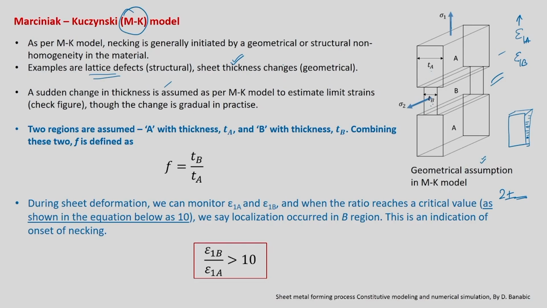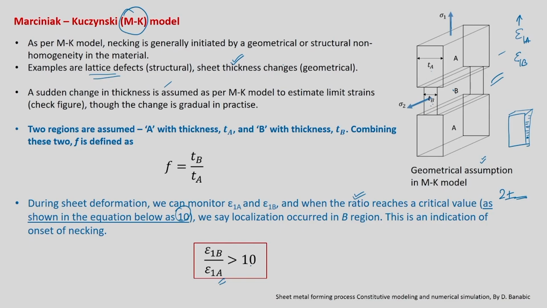Okay, so now we are going to say that when this particular ratio reaches a critical value, for example 10, I am writing epsilon 1B divided by epsilon 1A is greater than 10. Then I am going to say that localization occurred in B, which is an indication of onset of necking of that particular sheet.